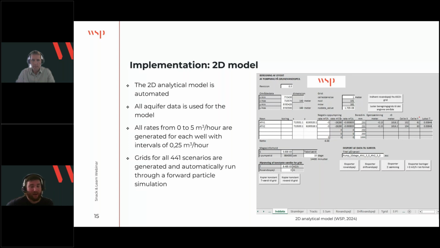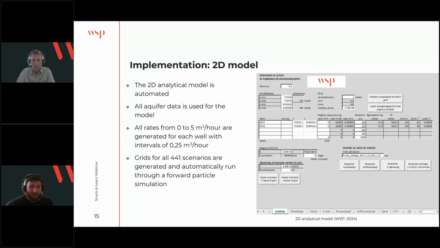All the data about the aquifer and the wells are then inserted into the model, and then the model will run for different scenarios, and the scenarios will be for each of the extraction wells, the 2 extraction wells. They will run for between 0 and 5 cubic meters per hour each. And this will lead into a total of 441 different scenarios. If we would just have the 3 extraction wells, then it will equal 9,261 different scenarios.